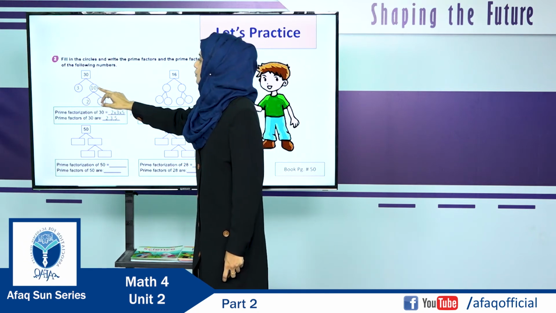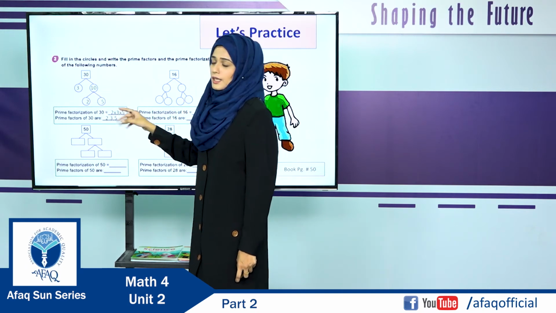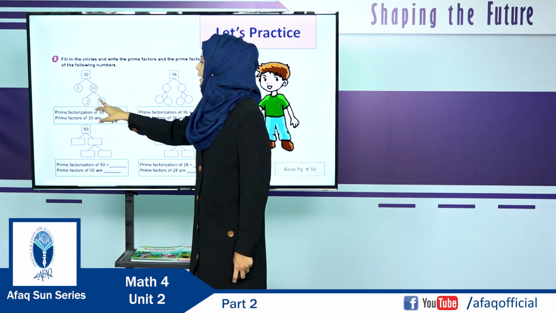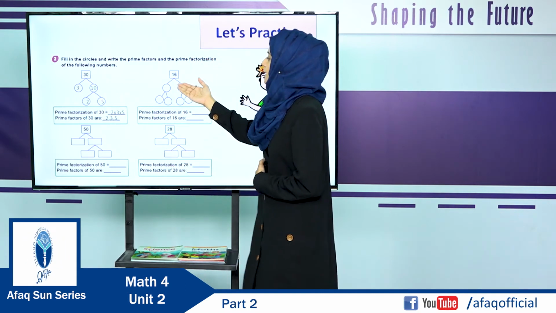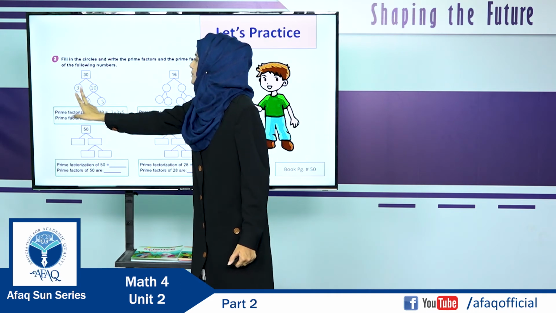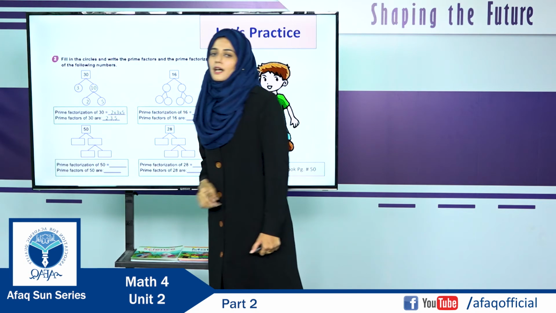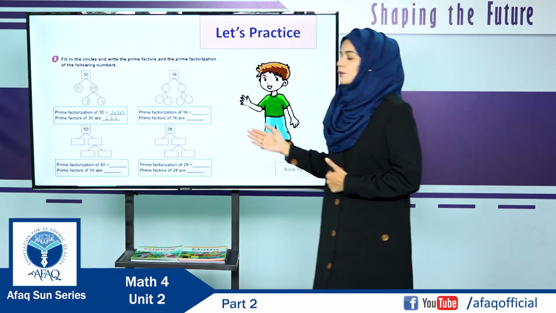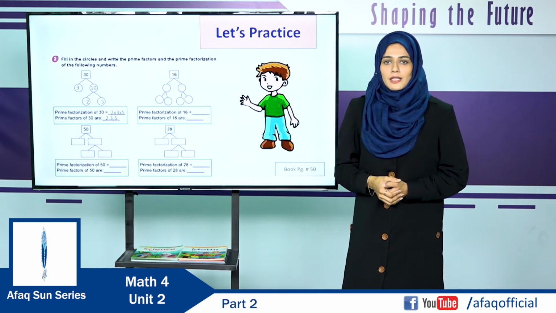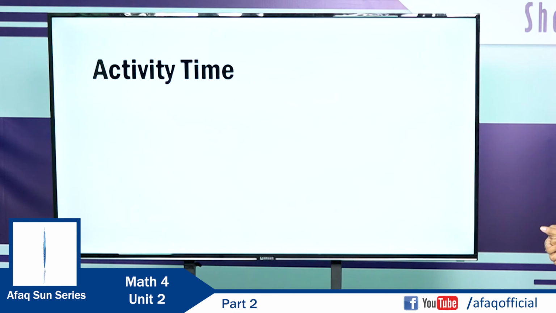Now we are going to break this 10 into 2 more factors, which are again prime numbers, 2 and 5. Let's see. The prime factorization of 30 is 2 times 3 times 5, and the prime factors of 30 are 2, 3 and 5. Let's solve the remaining questions on your own on the basis of the methodology we discussed in the first question. It's an activity time.